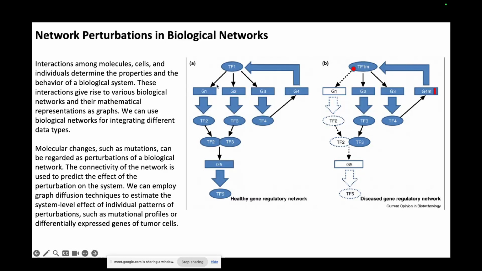If a transcription factor is mutated at the position where it binds to the gene, it will not be able to bind, and therefore not be able to express that particular gene. So these perturbations can be viewed as mutations that do not allow the connections between these two sets of elements, the transcription factor and the gene.